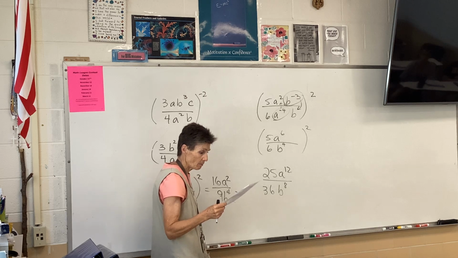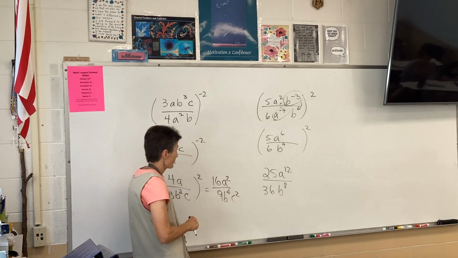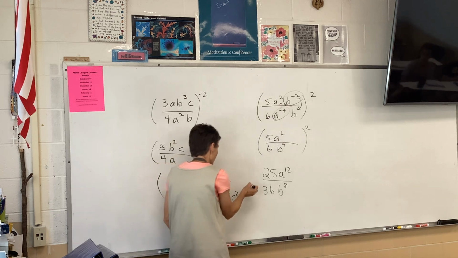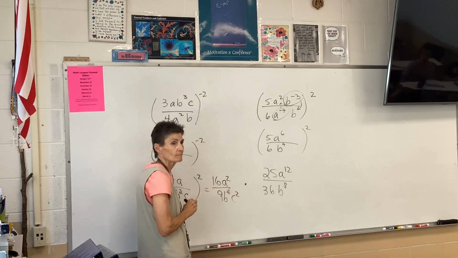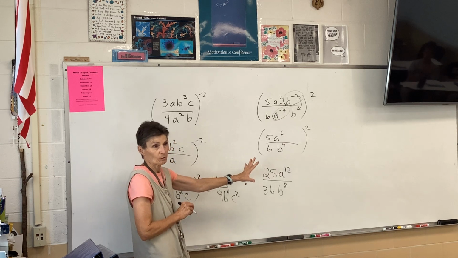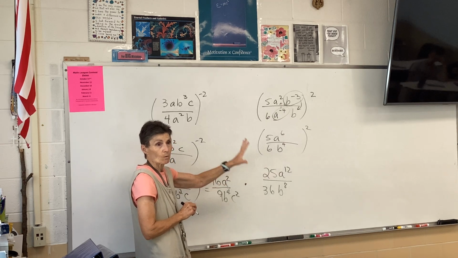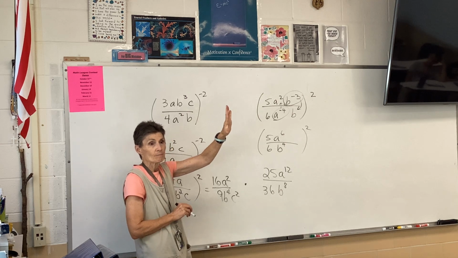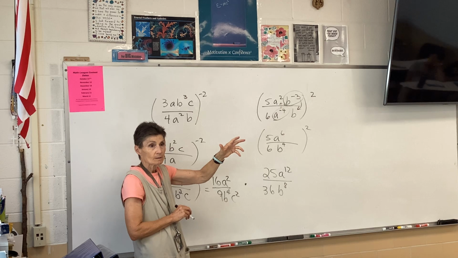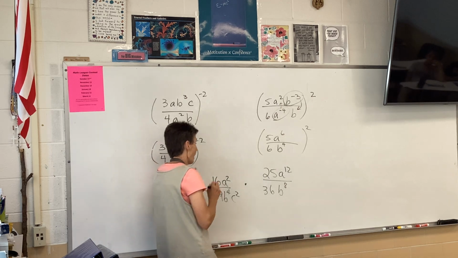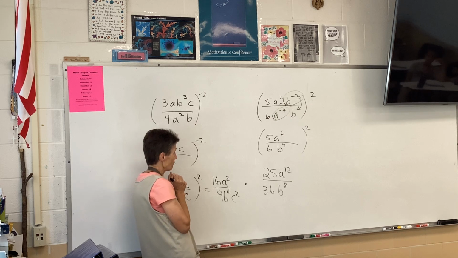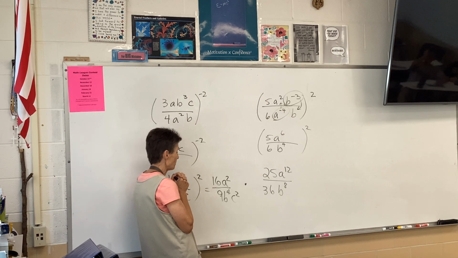No C's in that one? Nope. All right, is that what you got for that one? Yep. Perfect. And now I need to multiply those two together. Now, everything in that entire problem is multiplied. So anything on the top will cancel with anything on the bottom. So I'm going to go ahead and cancel, especially the numbers, because some of these numbers are kind of big.